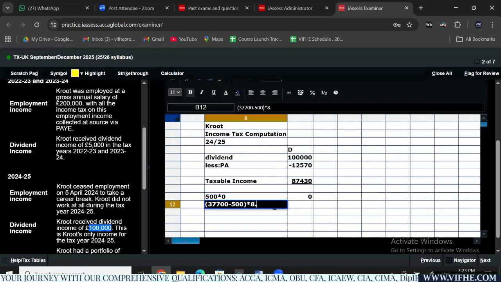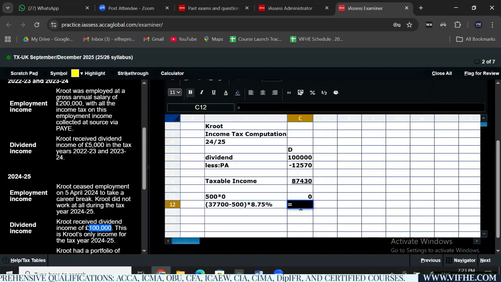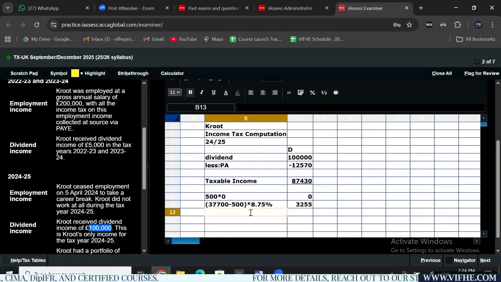So that's going to be 3,255, while the remaining dividend will fall in the higher rate band, and the dividend higher rate is 33.75%.